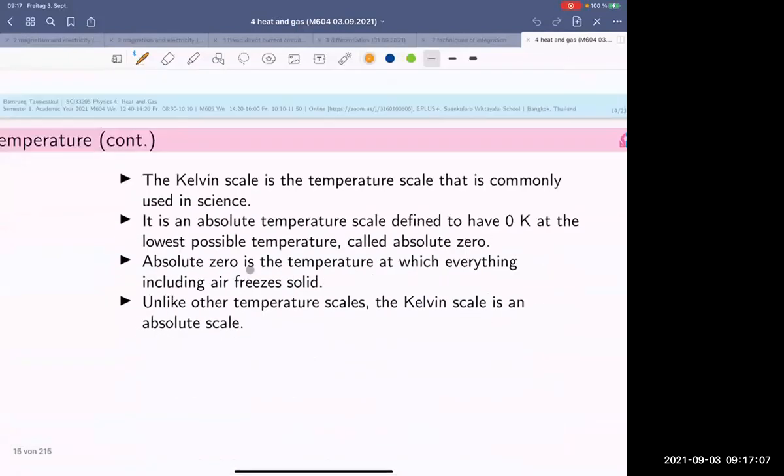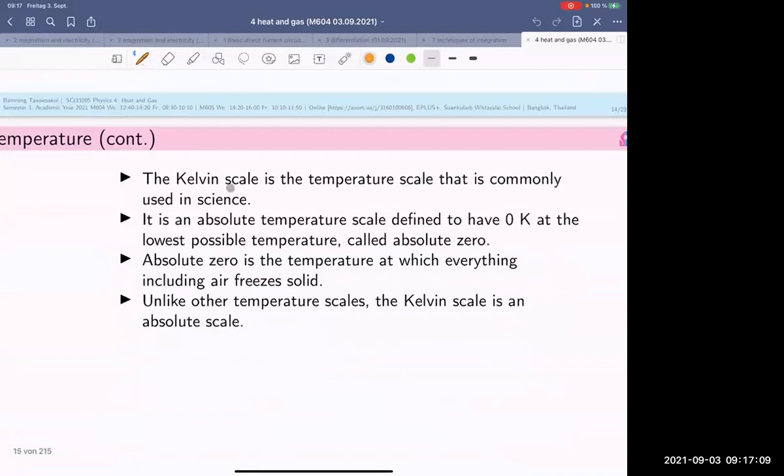The Kelvin scale is the temperature scale that is used commonly in science. It's not the normal temperature when you touch something. When you go into a supermarket or department store and you want to measure your body in the Kelvin scale, no one is going to understand that, because it's not commonly used in daily life.